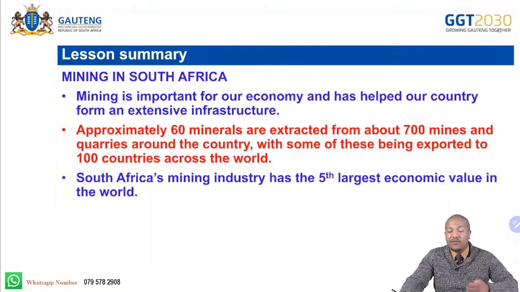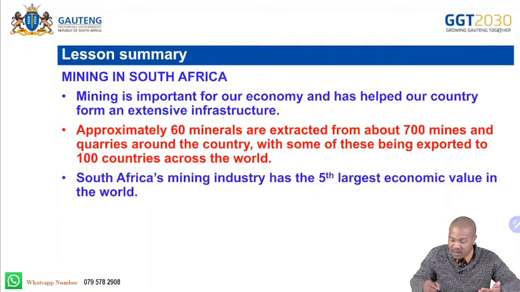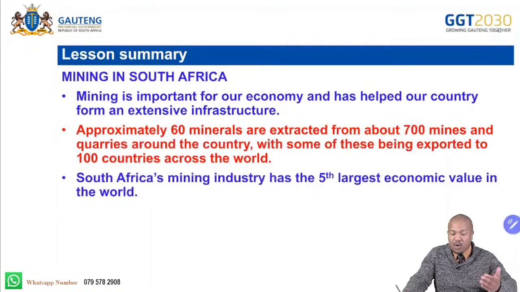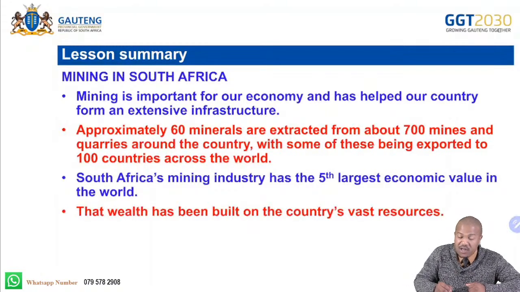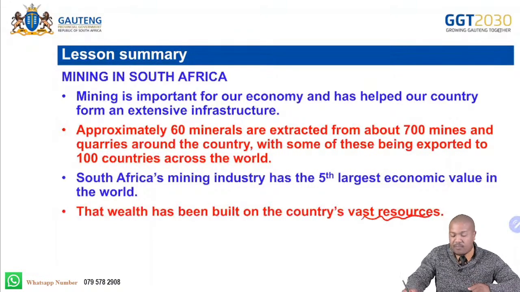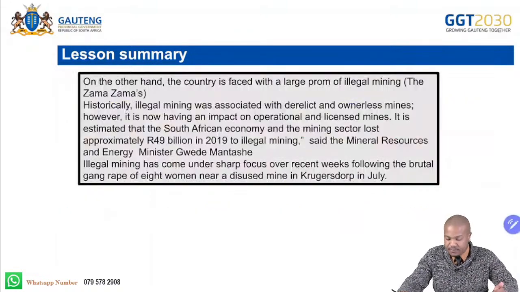And also the South African mining industry has the fifth largest economic value in the world, right? And also we said that all this wealth or our economy is based on these mining activities, right?